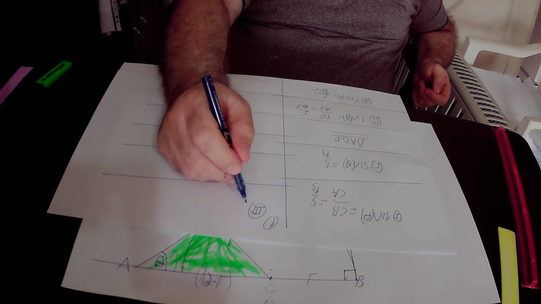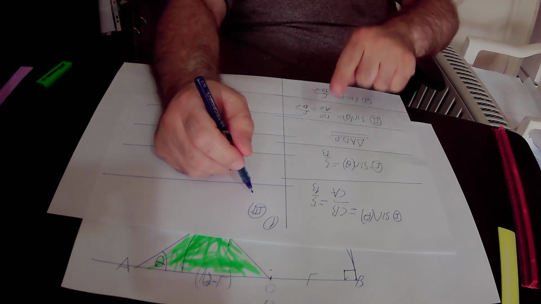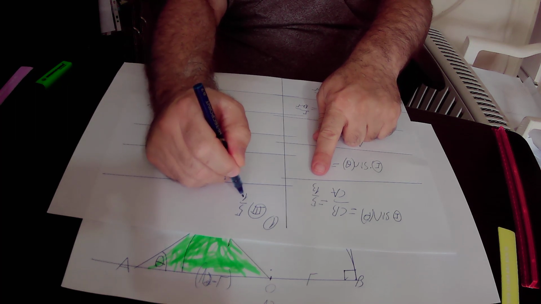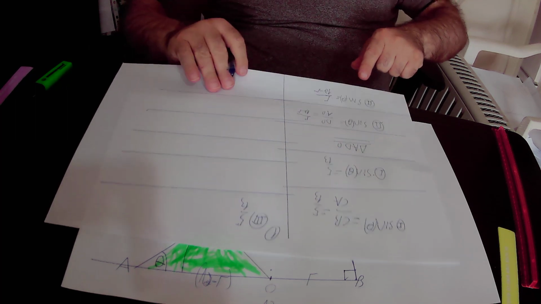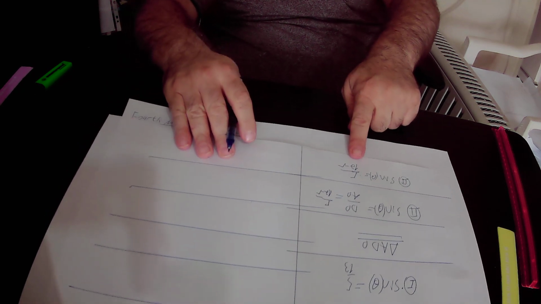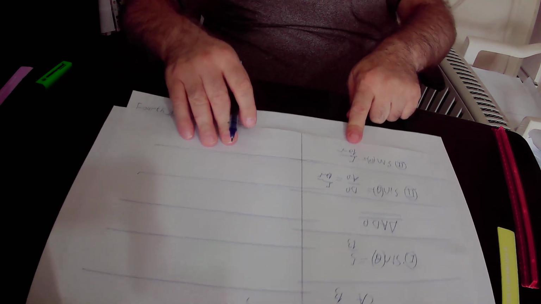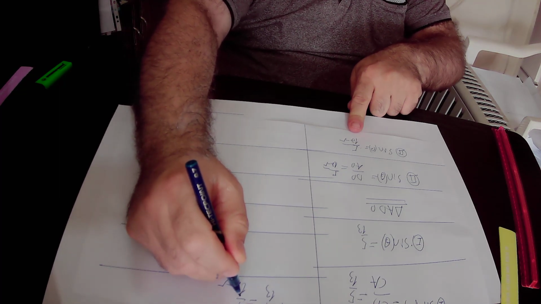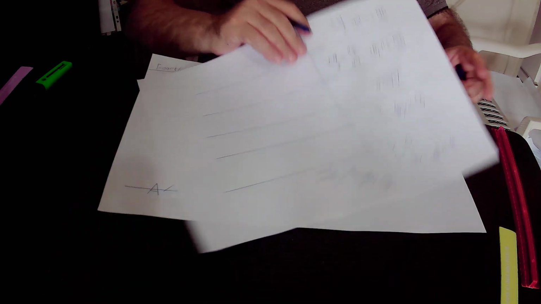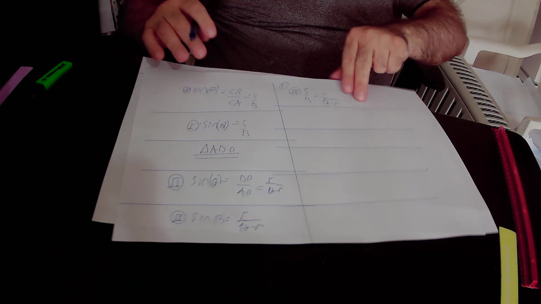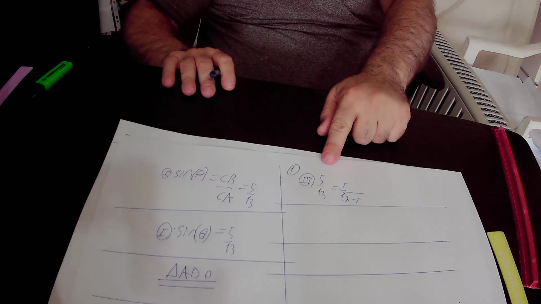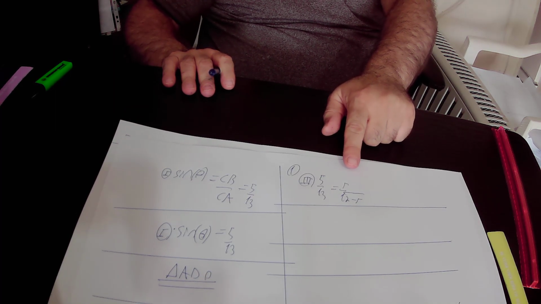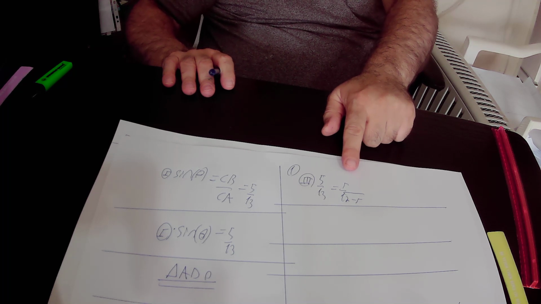Equation number 3 states that sine theta according to equation number 1, that is 5 over 13, must be equal to sine theta according to equation number 2, that is R over 12 minus R. I'll repeat again: equation number 3 states that 5 over 13 must be equal to R over 12 minus R.